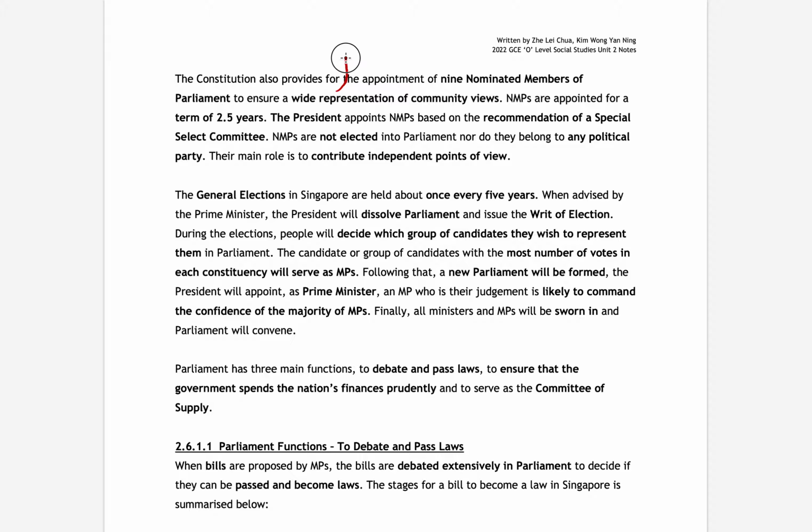So their job essentially is to represent different parts of the community. So they are not like a politician essentially. They are not belonging to any party. They don't have any affiliation.